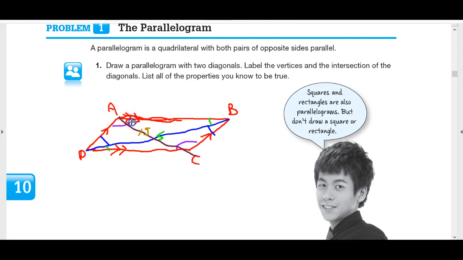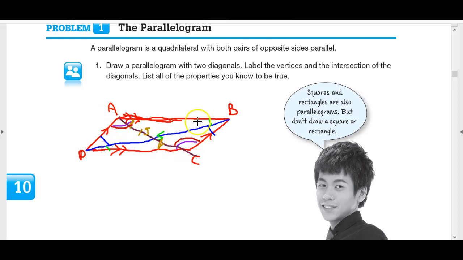Well, these are alternate interiors, so this angle and this angle have to be congruent. Let's try this color. And this angle here would have to match that angle there. So by angle, this brownish red, side, the diagonal, angle, this other mustard, these match this mustard, this side, and that brownish red.